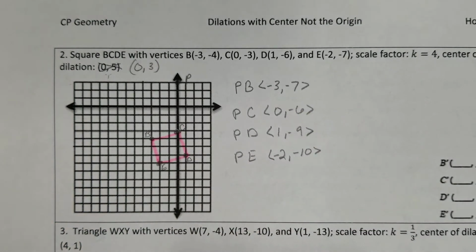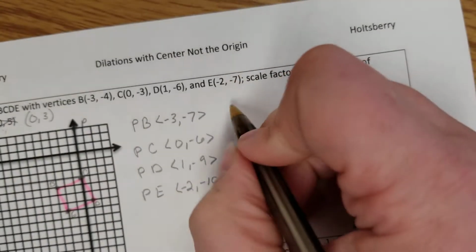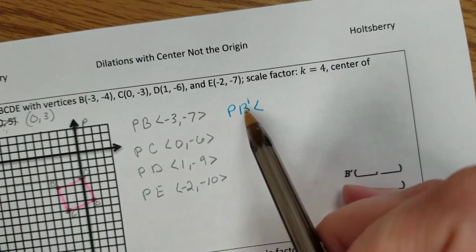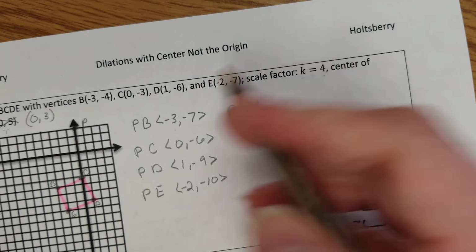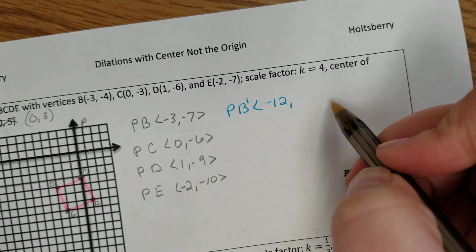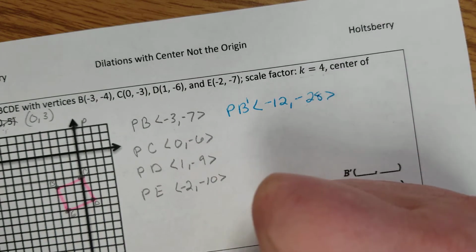All right. So now, to get our movements to our prime shapes, so we have P to B prime. So we're taking these numbers and multiplying by our scale factor of 4. So we have negative 12, negative 28.